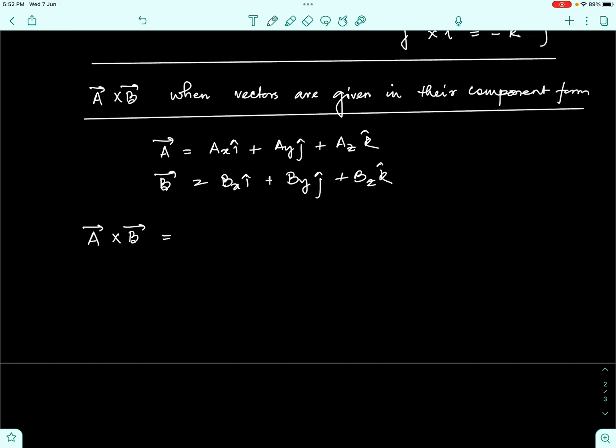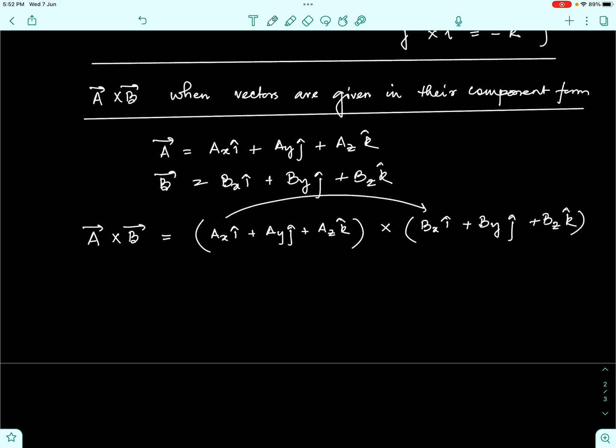So when we try to do this, we will be writing the two vectors as Ax i cap plus Ay j cap plus Az k cap crossed with Bx i cap plus By j cap plus Bz k cap, and then we will do the whole distributive multiplication that we did in dot product also, right?